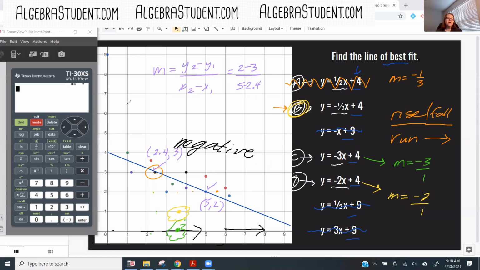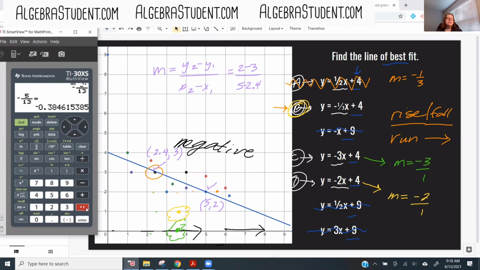I'm going to head over here and type this in on my fraction bar. 5 minus 2.4. Okay, I get a decimal. I can change it to a fraction, see if that helps me. -5 over 13. Ooh, that's not -1/3, but it's definitely not -2 or -3.